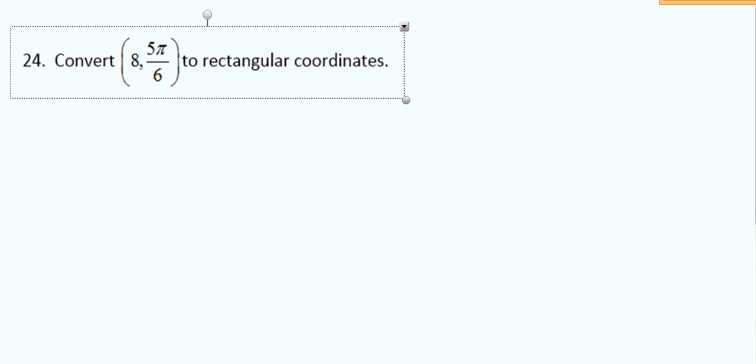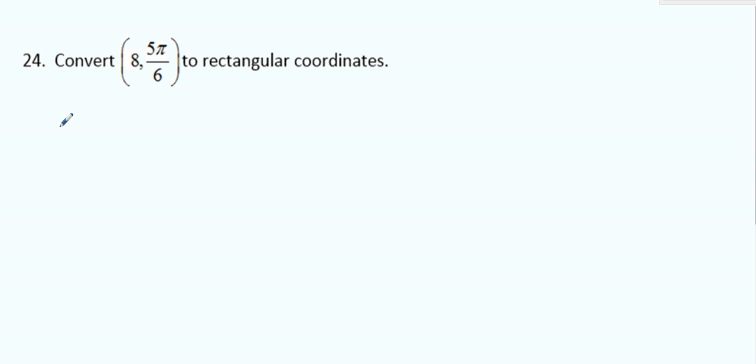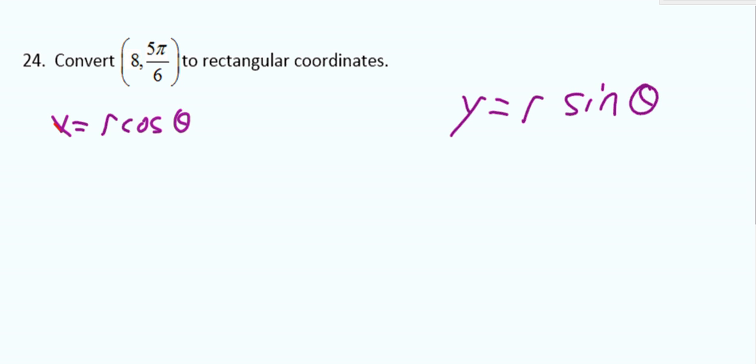So pretty much the same question here. X equals r cosine theta. Y equals r sine theta. So that's 8 times cosine 5 pi over 6. And this will be 8 times sine 5 pi over 6.